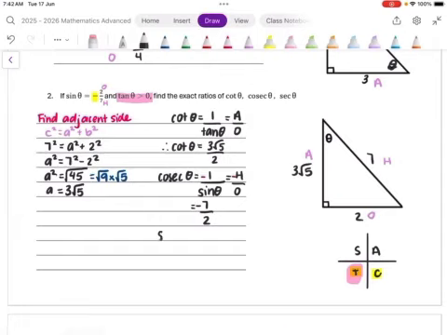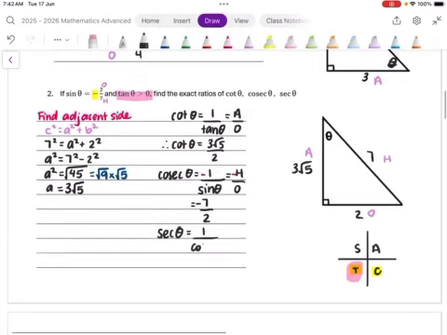And finally, we have sec theta is equal to 1 over cos theta. So that is also going to be negative because we're in our tan quadrant, and 1 over cos is equal to H over A. So this is equal to negative 7 over 3 root 5.